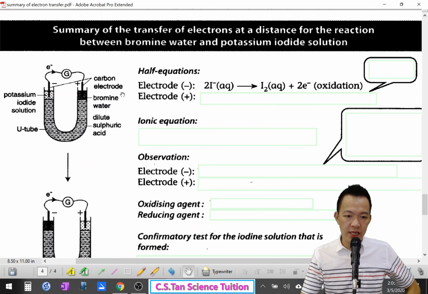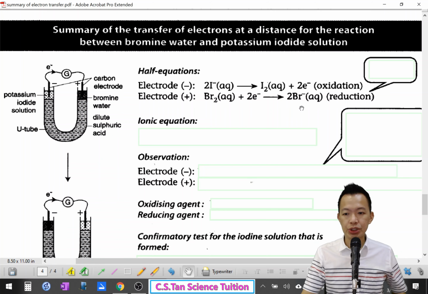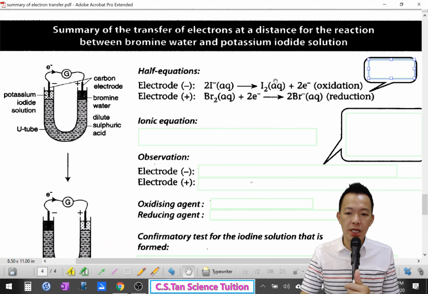Oxidation. Bromine gains the electron to become bromide. 4 marks.